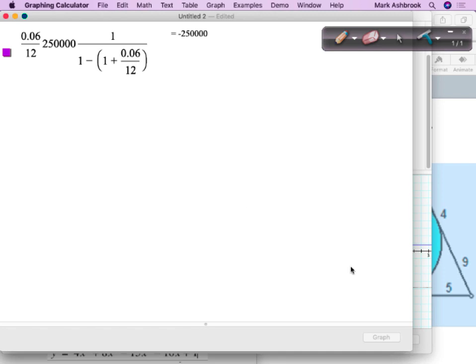Negative 180. Raised to the power negative 180. And the monthly payment on the house is $2109.64.